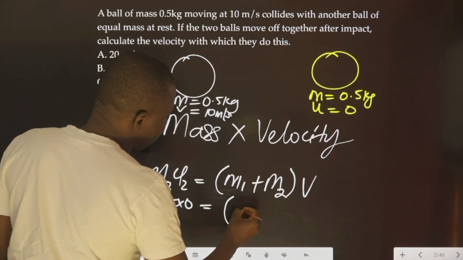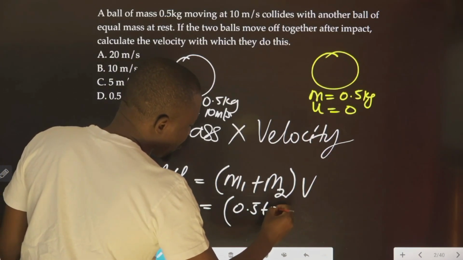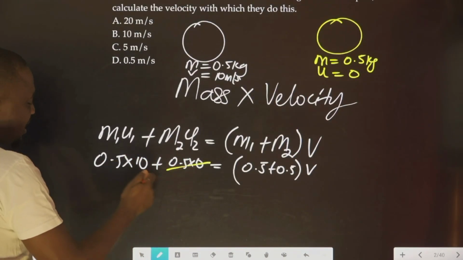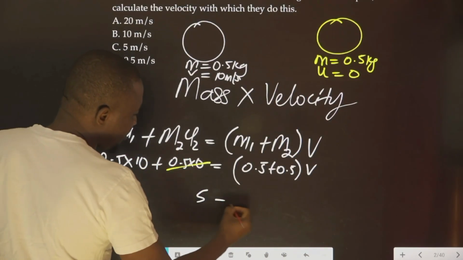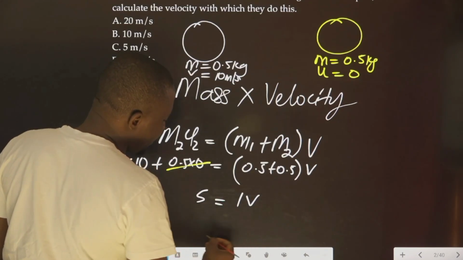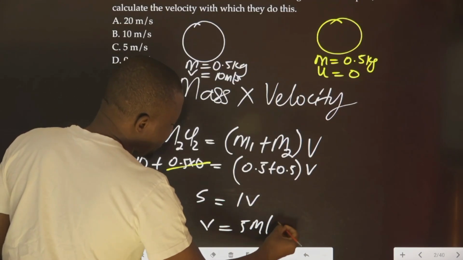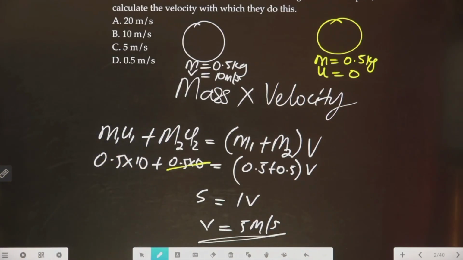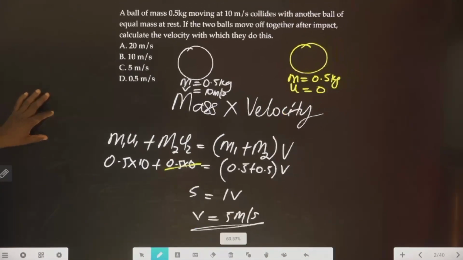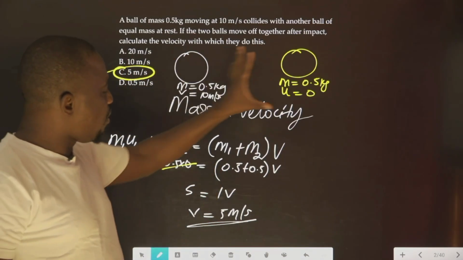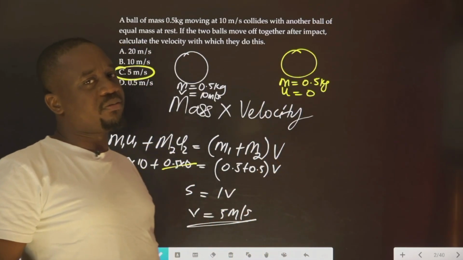Then here, we know that this is 0.5 plus 0.5, times v. Now we are looking for v. This is already gone. This will give us 5. So this one is 1 v. V therefore is equal to 5 meters per second. So that is what the question is asking us to solve. This is the combined velocity of the two bodies after collision.